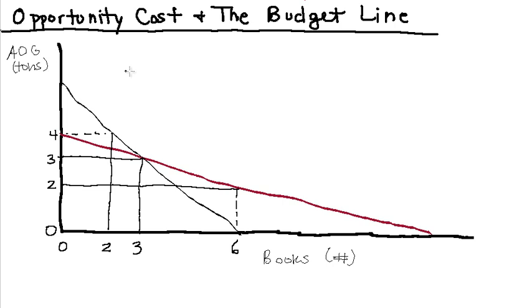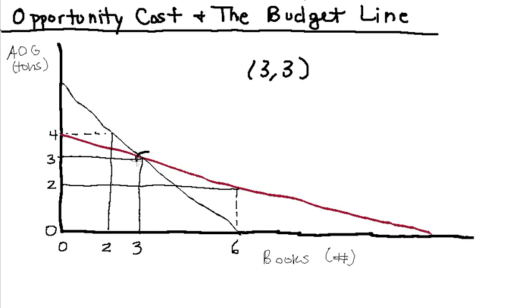and I am at the bundle 3-3. Okay? What is the opportunity cost of acquiring one more ton of all other goods? Pause the video here and try to answer this question on your own. Okay, so hopefully you put some thought into it. And this is a pretty easy question, and it's very easy to see on the budget line what the opportunity cost is.